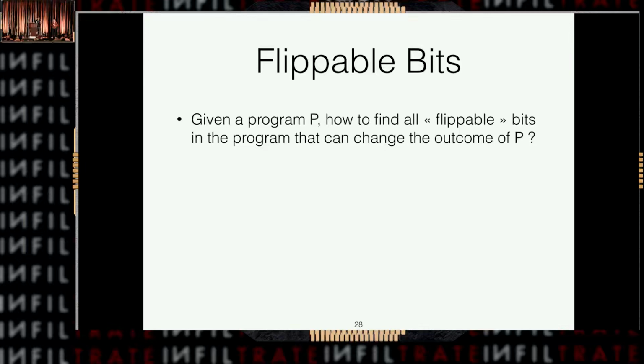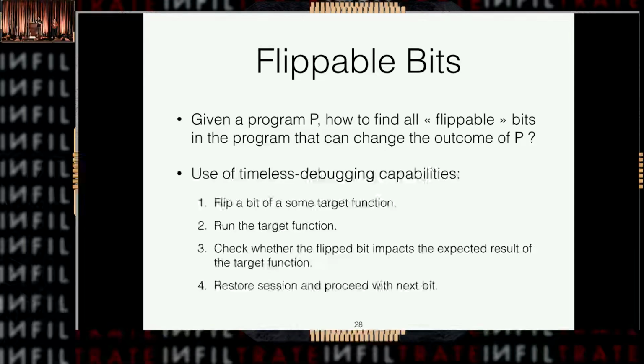So the basic idea here was to rely on time-less debugging capabilities. The idea is to break on the desired function and save a trace session. Then for each bit in that function, we flip the bit, run the function until it returns, and then check whether the flipped bit changes the expected result of that function. And then proceed with the second bit and so on until we have covered the code of that function.